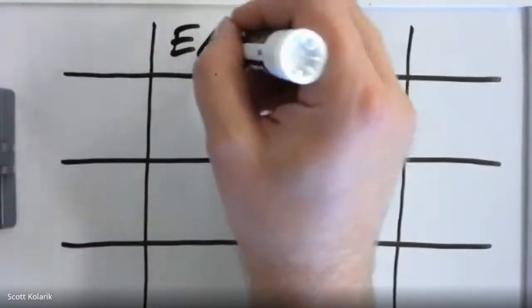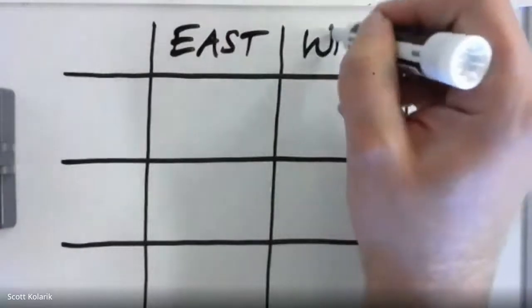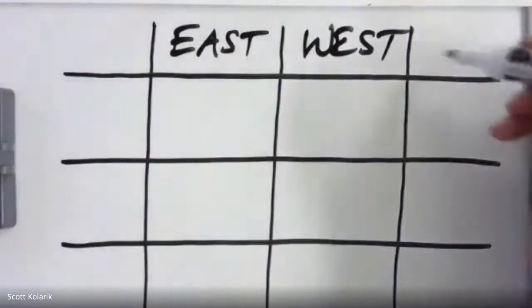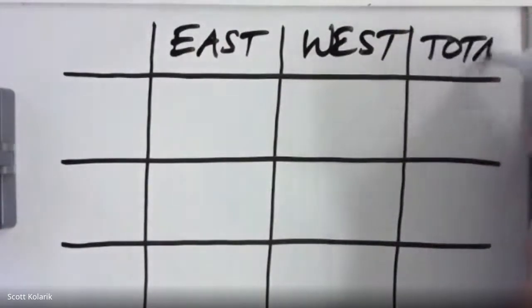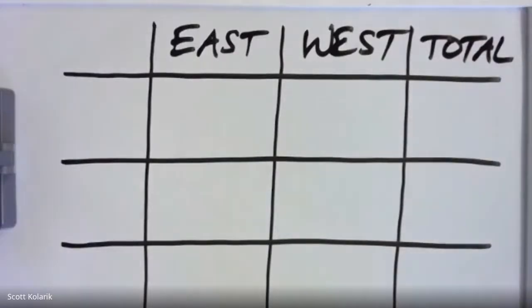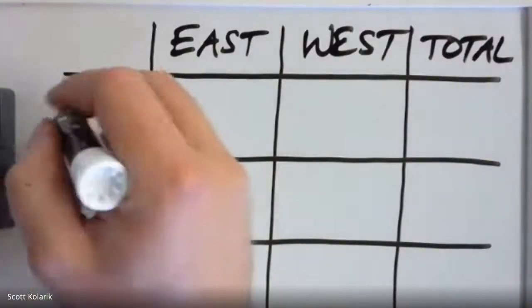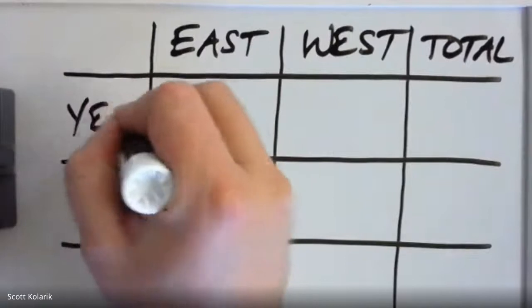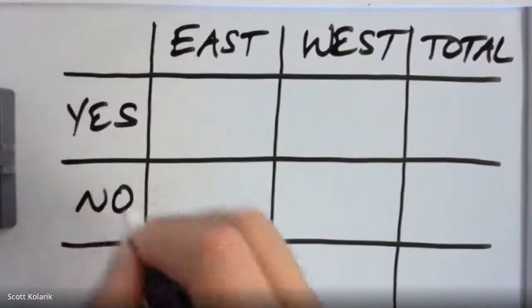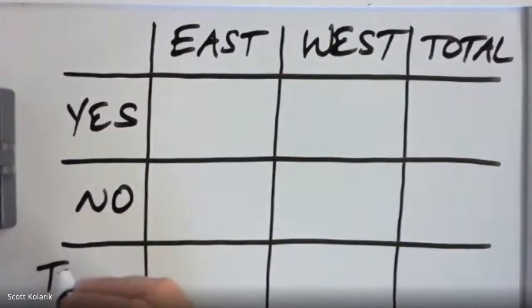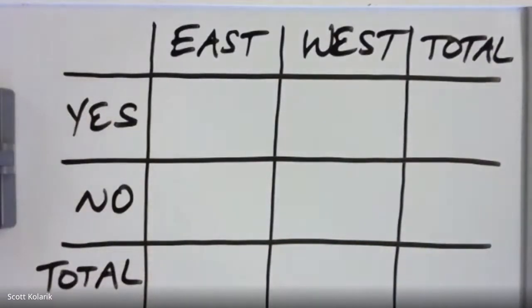For instance, east versus west. So a survey is being done and we're splitting it up into east versus west, and there's going to be some total amount that happens. Your rows are going to be split up into answers to that survey. In this case, we'll keep it simple, just simple yes and no's on the survey. So 1 of 2 options, with the total as well.